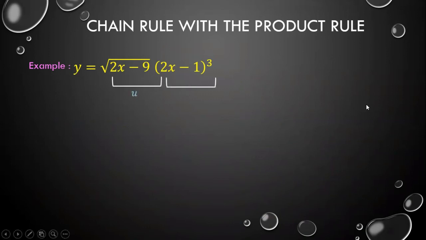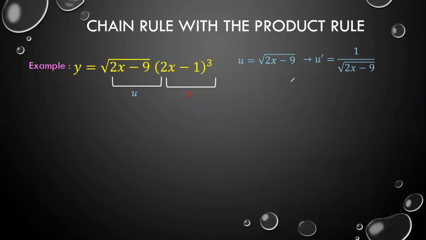Now we got u is root of 2x minus 9 and v is 2x minus 1 cubed. We got u prime is 1 over root of 2x minus 9. Is it clear to you how to find this one? I think it's very clear.